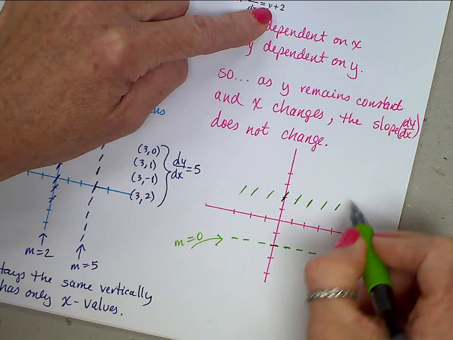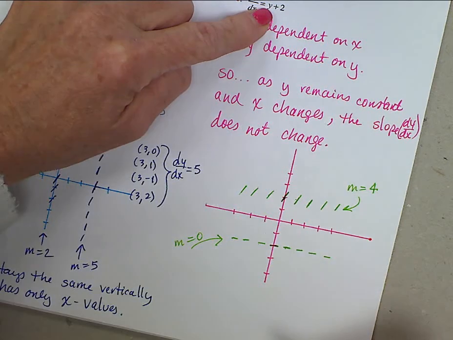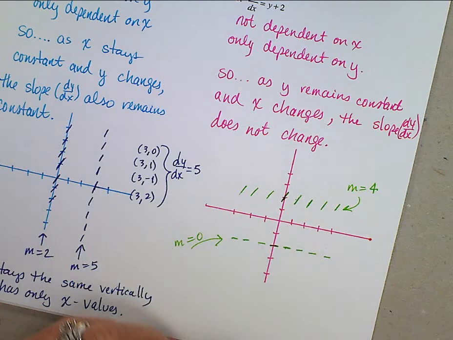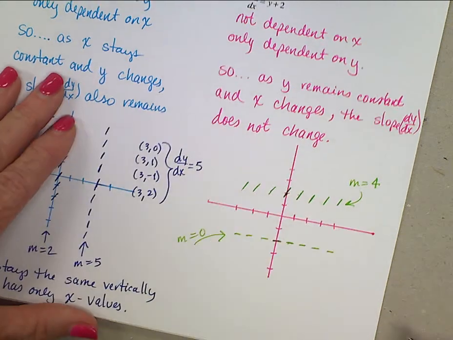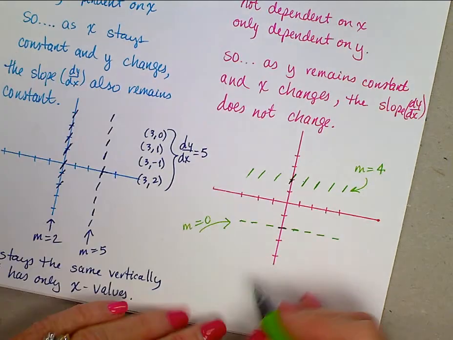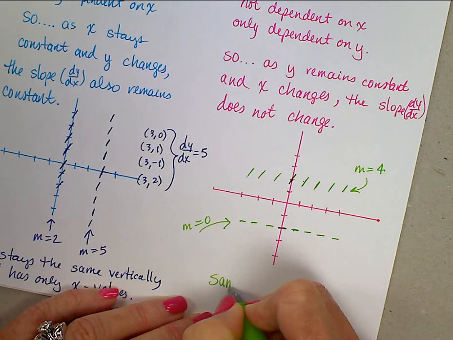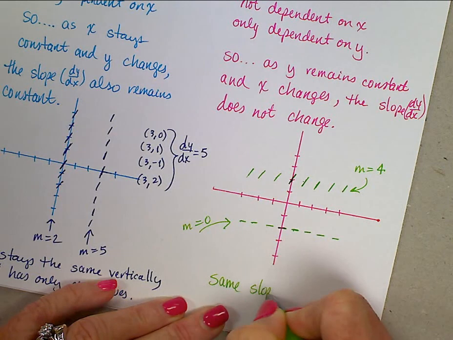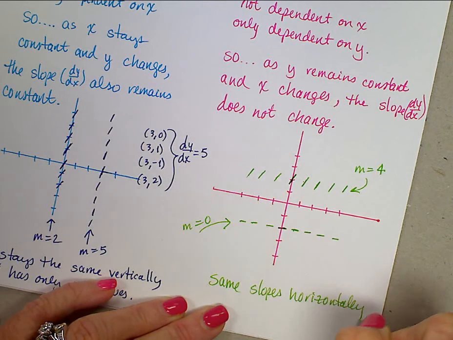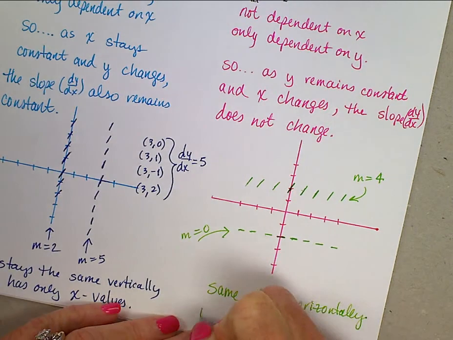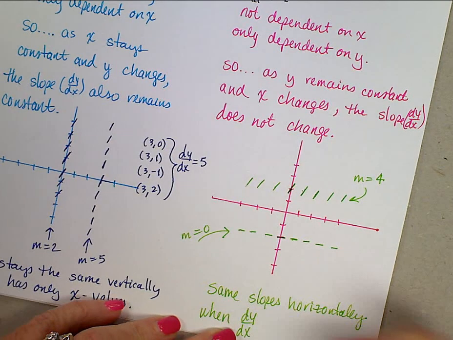These guys are all slopes equal 4. Regardless what x is doing, as long as y is remaining constant, then that slope is remaining at 4. So, same slopes horizontally. Happens when dy dx has only y values.